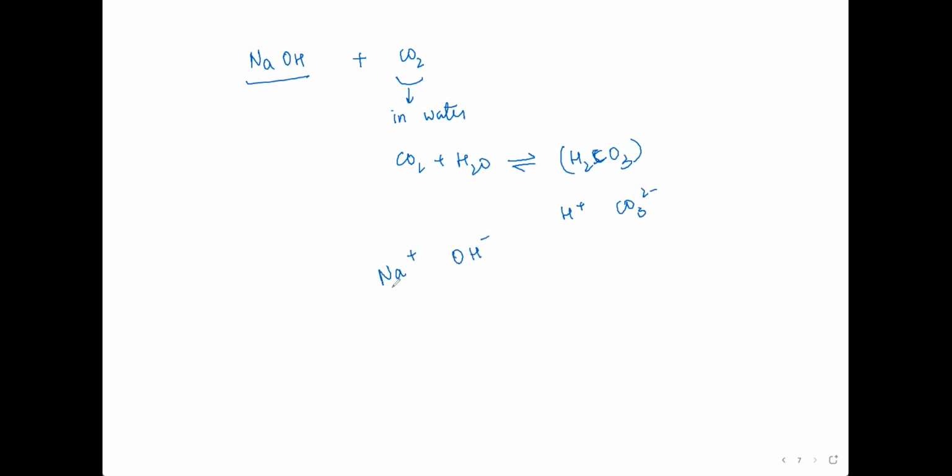So the Na+ combines with CO3 2-, and the H+ and OH- combine with each other. That's why your products are Na2CO3 and H2O. So this is what takes place behind the scenes. The crux of it is that carbon dioxide in water exists as H2CO3.